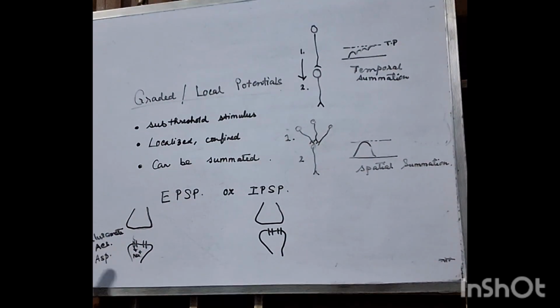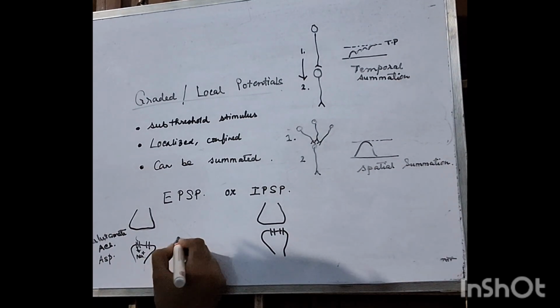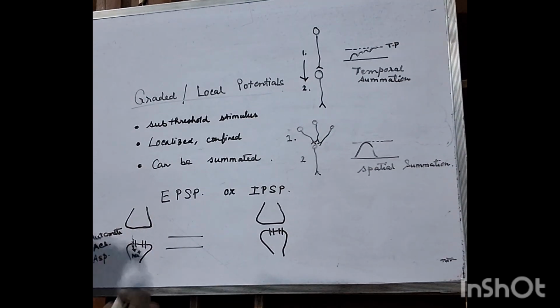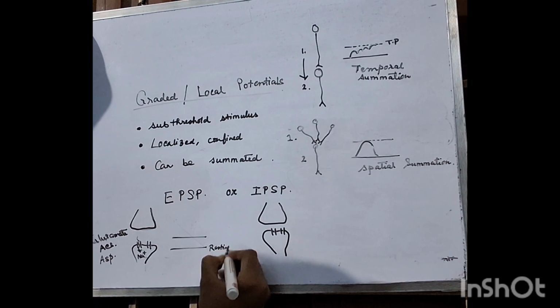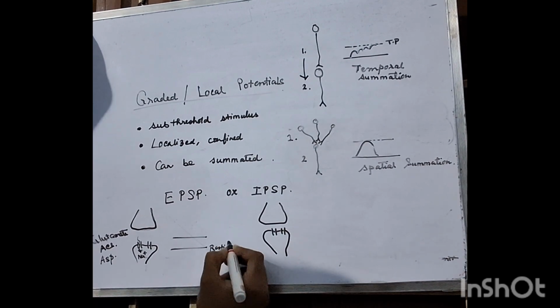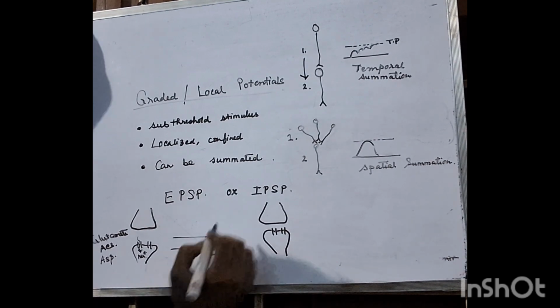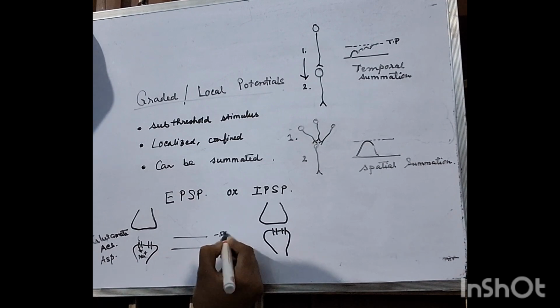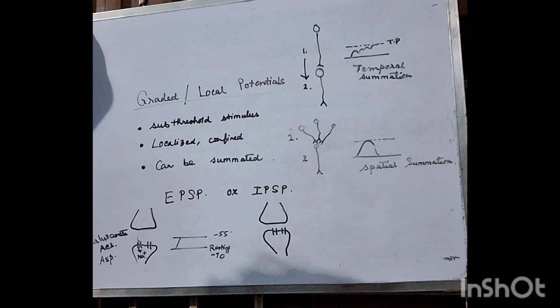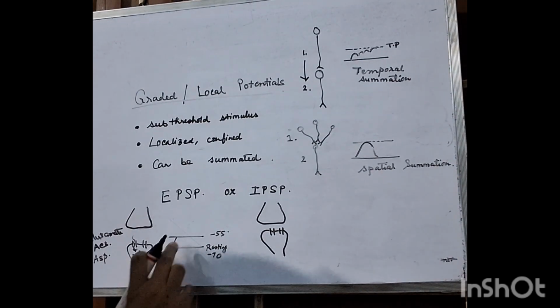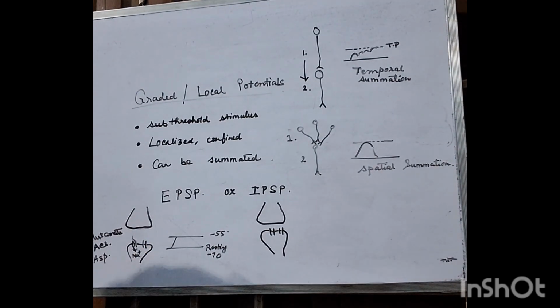As there is an influx of sodium ions, these will cause the potential of the membrane to go from a resting -70 to a slightly more positive side. So suppose -55. This graded potential will bring it closer to threshold potential by this depolarization.